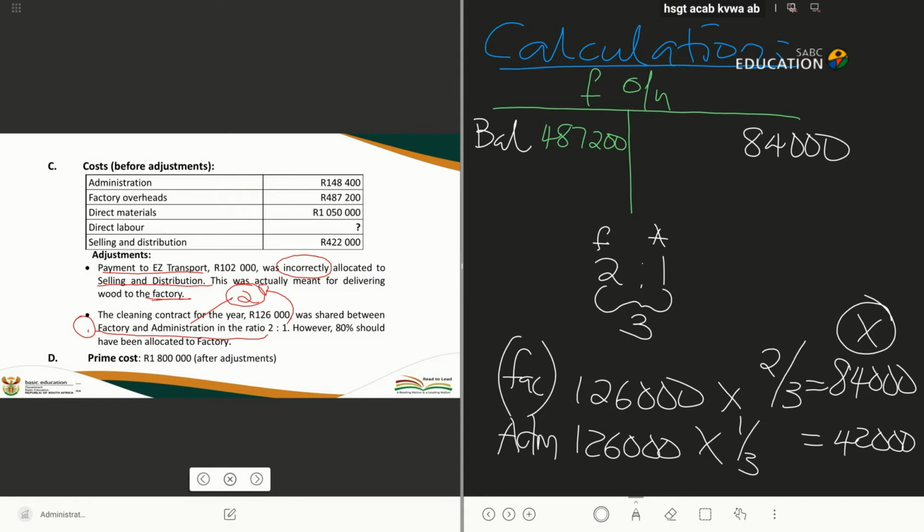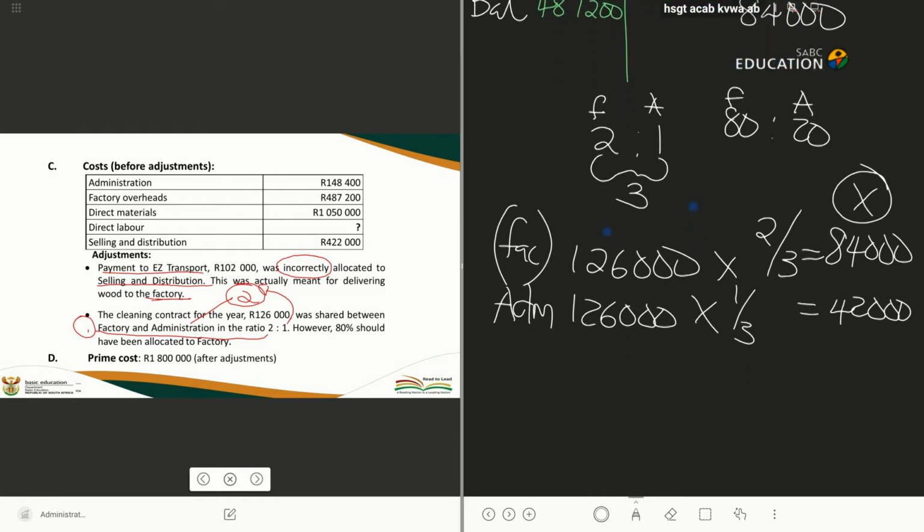So now, let's check then and record the correct one. They say, however, 80% should have been allocated to factory. If they say 80 must go to factory, it means 20 must go to what? To admin. So let's check. You will say 126,000 times 80%.